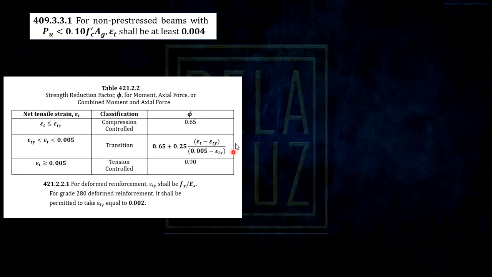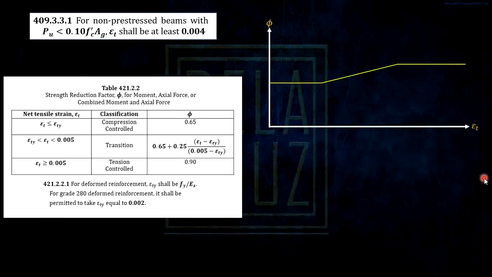Okay? Ito lang yung magagamit talaga natin lalong-lalo na sa board exam. Okay. Now, we will draw this in graphical representation. So this is the reduction factor phi represents the y-axis, and this is the strain epsilon t represents the x-axis.